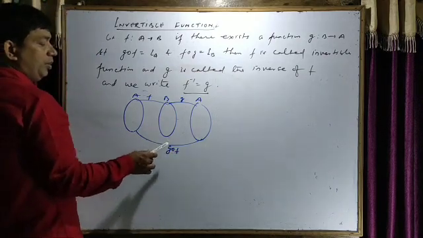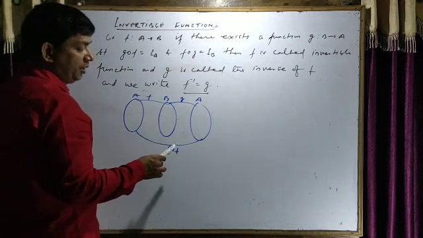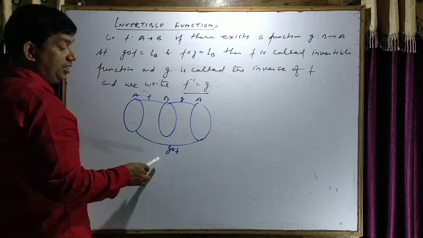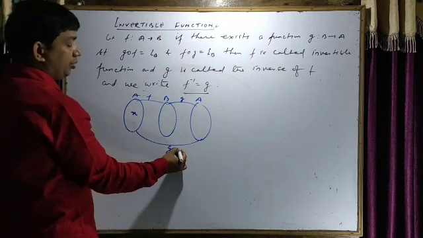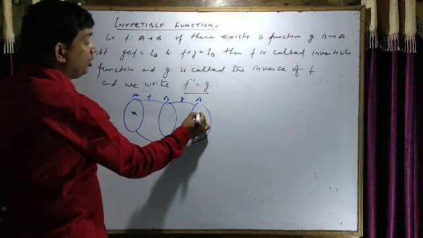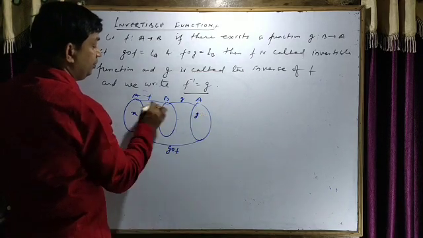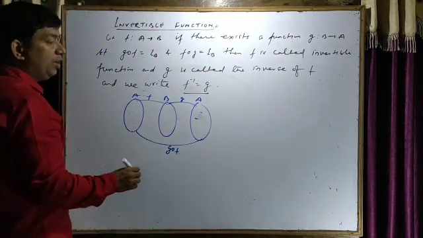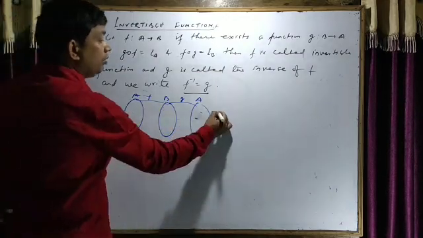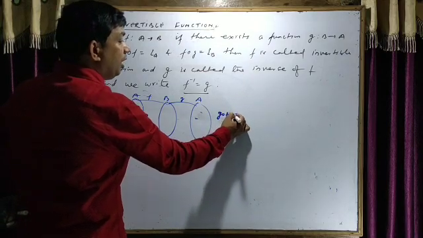Gof means what? G circle f, g circle f means f composition g. So when we take x here, we can take gof equal to IA.